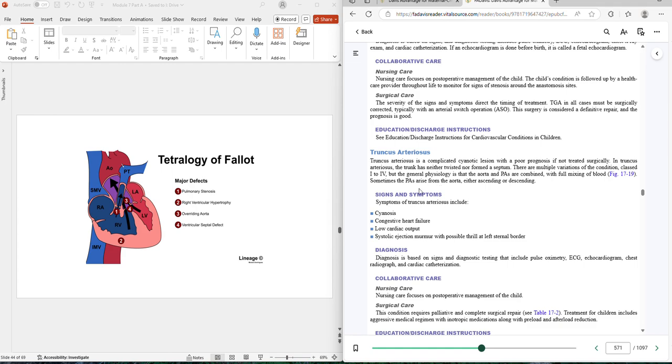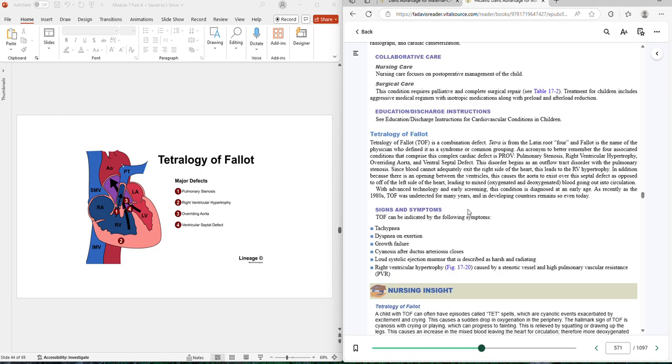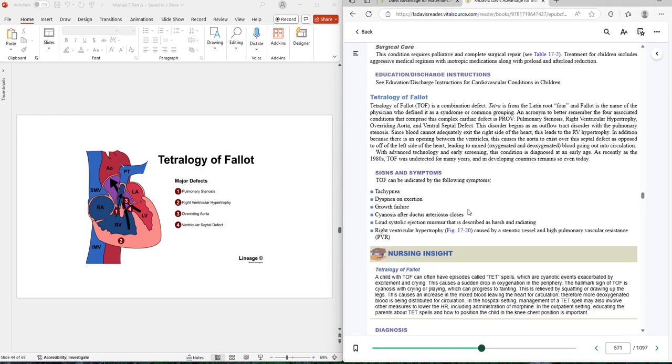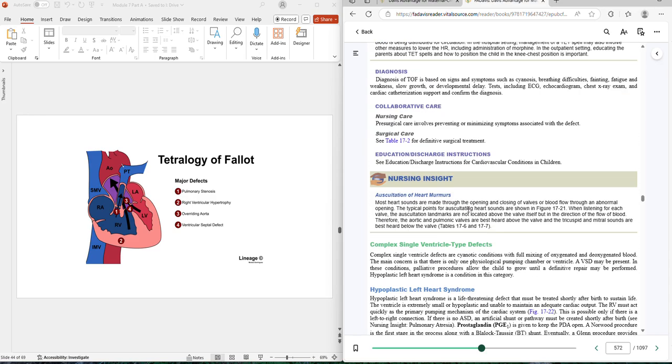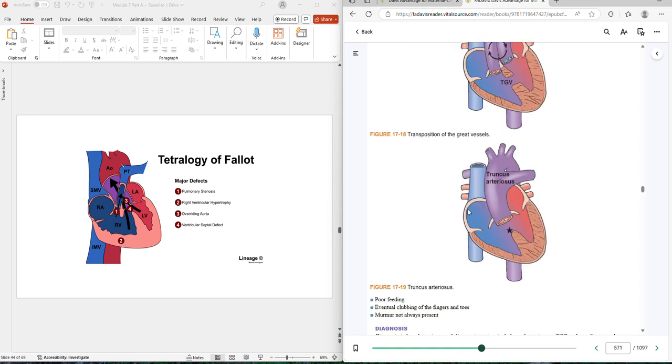Okay, so this is when you have just only one large vessel coming out of the heart instead of two. All right. Let's see if I can go back up and find that picture here. Okay, so there's only one coming out instead of two. So you should have two, right? But there's only one. So make sure you read that.